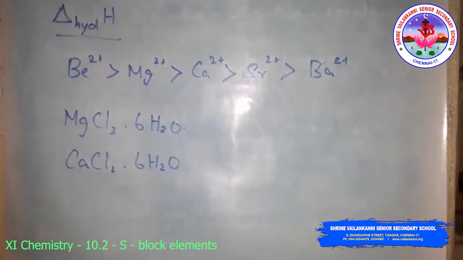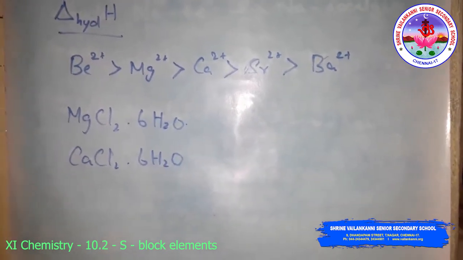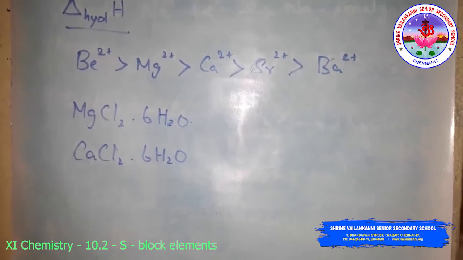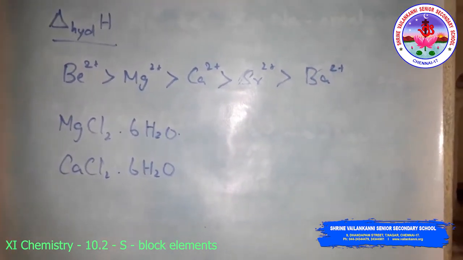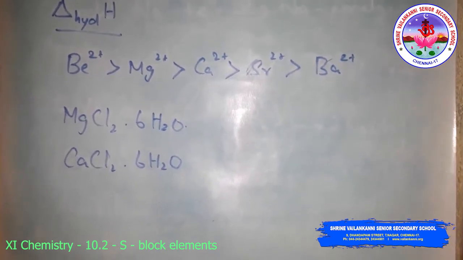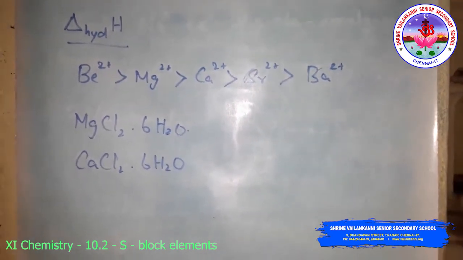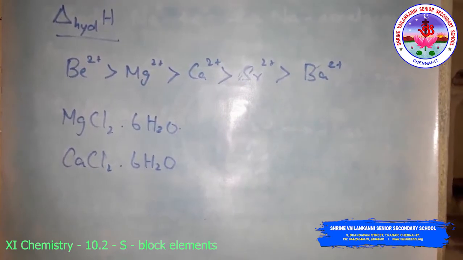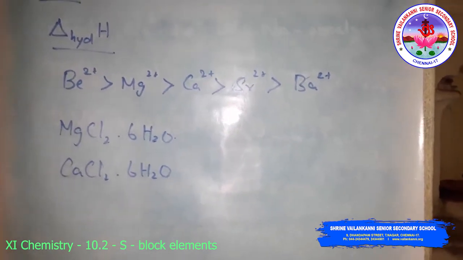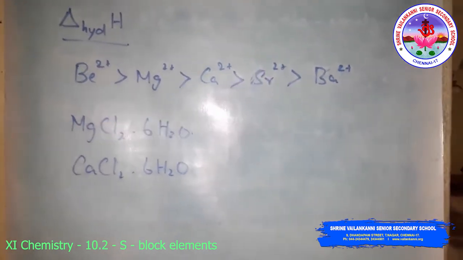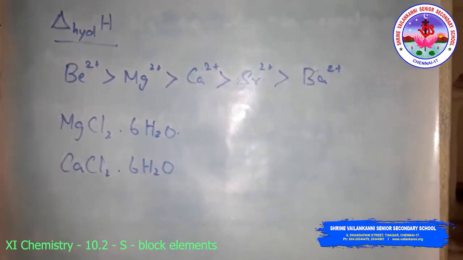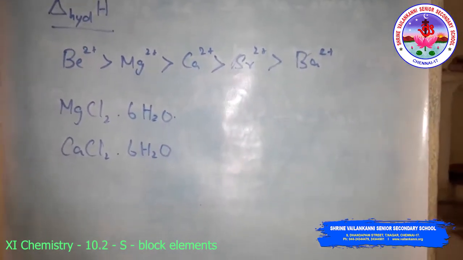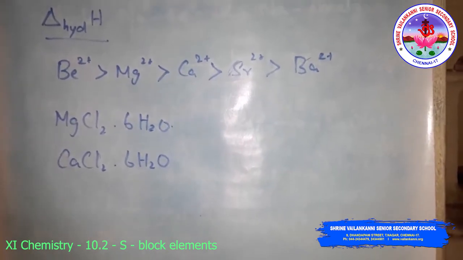However, they are not systematic. Because of the low ionization enthalpy, they are strongly electropositive in nature. That is the main reason. The electropositive character increases down the group from beryllium to barium.